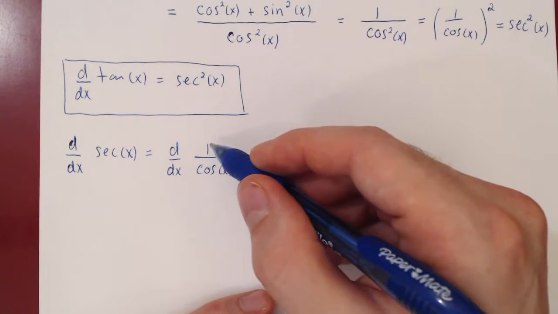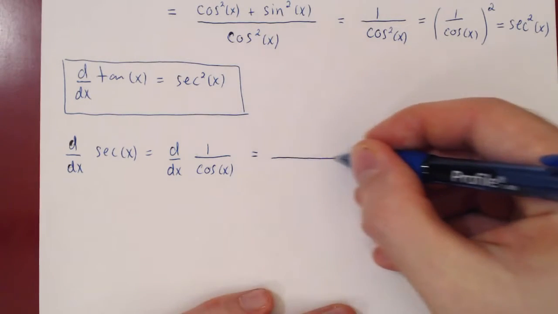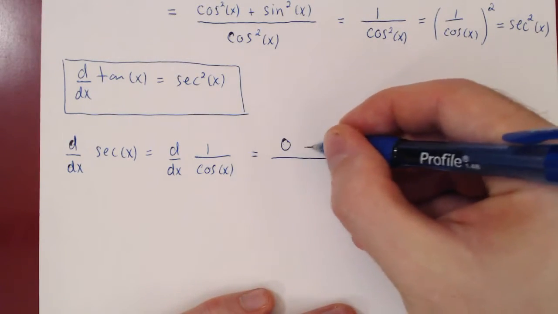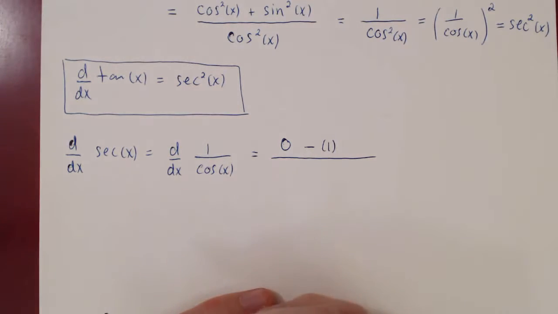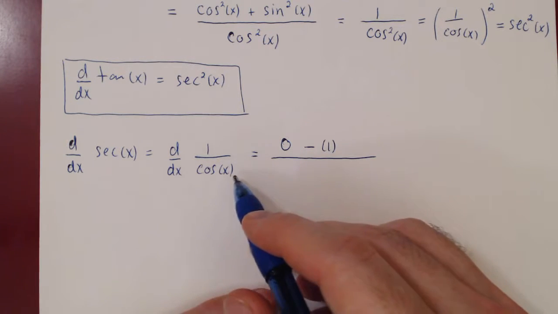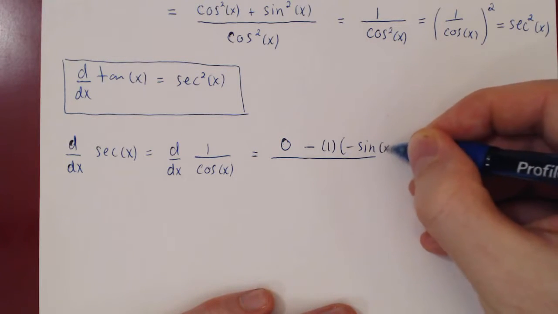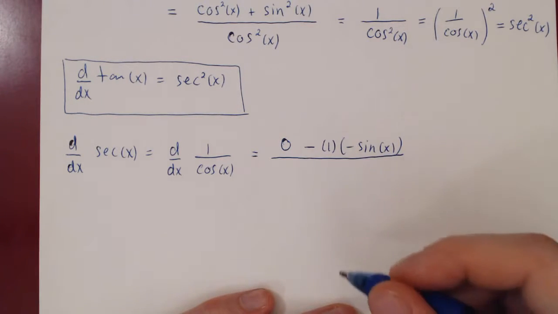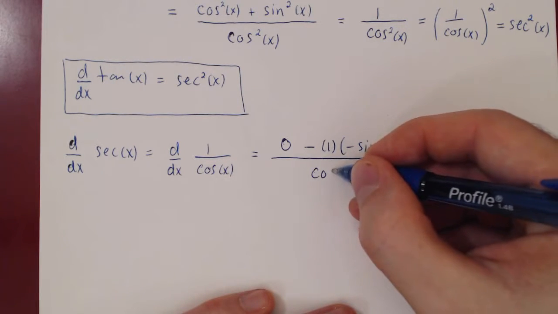Derivative of the top, which is 0, times cos of x, that's just 0, minus the top, 1, times the derivative of cos of x, which is negative sine of x, divided by the bottom squared, cosine squared of x.